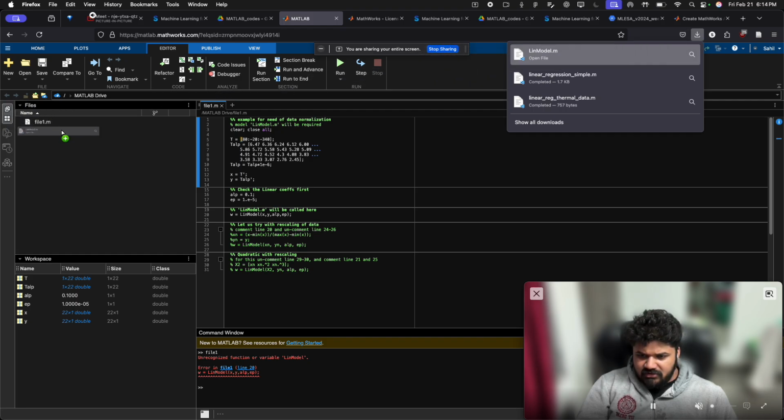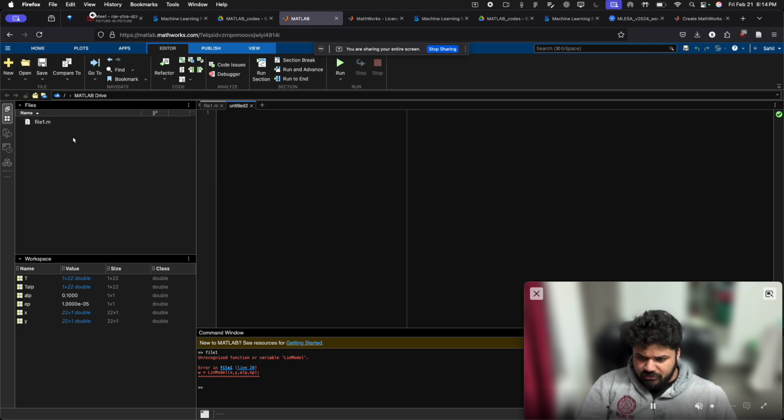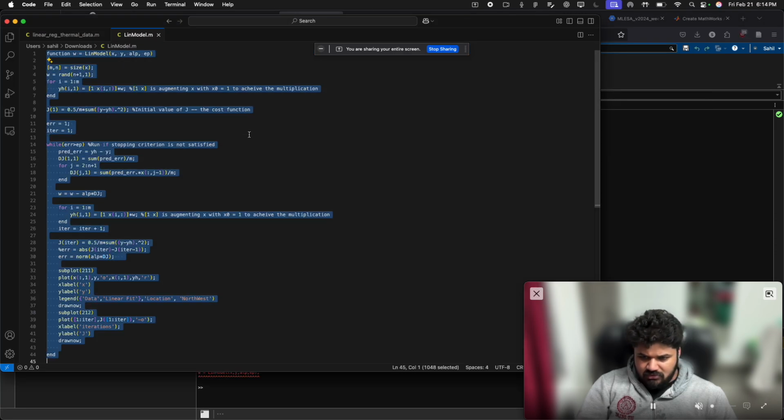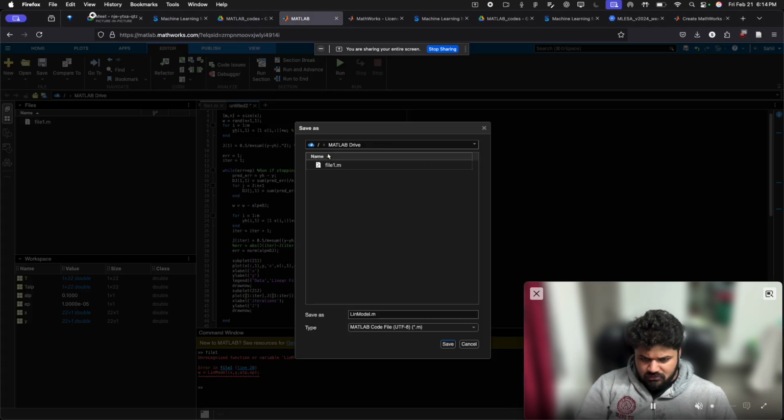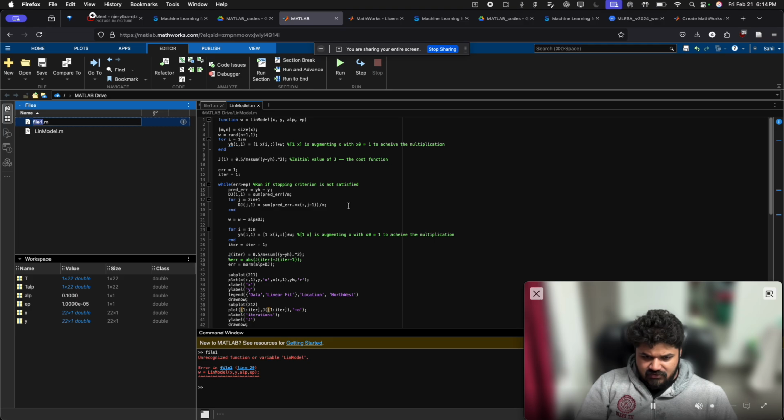How do you upload it? Drag and drop. This main model. Okay, and this is the file. This is main model. These are the same files.